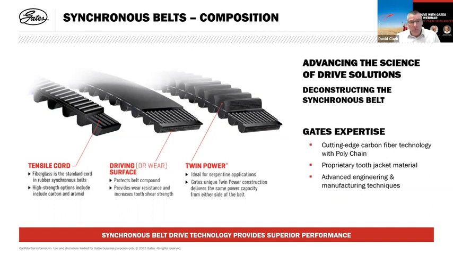They also come, as we've discussed, with a body made of either rubber, polyurethane, or thermoplastic polyurethane. And the wear surface of the belt, which is the surface on the tooth profile, is generally a nylon jacket with various low friction or adhesion improvement capabilities built within it.